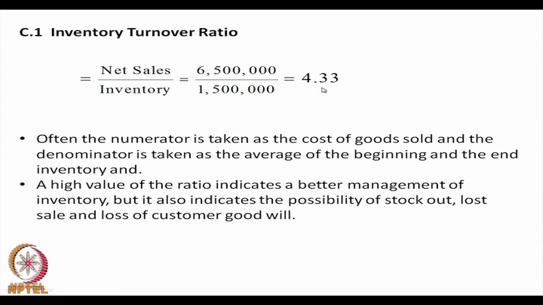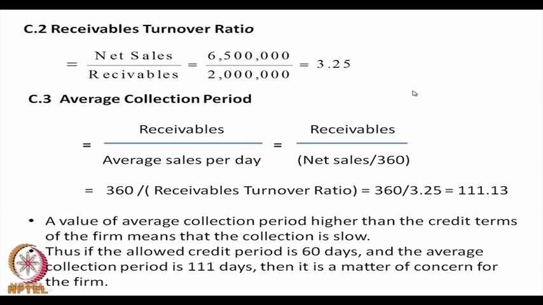So, this tells the high value of this ratio is always better. Of course, it indicates the possibility of stock out, lost sale and loss of customer goodwill. So, there is a risk involved, but in any case the higher the value, the better it is. And the same thing is done for receivables turnover ratio.